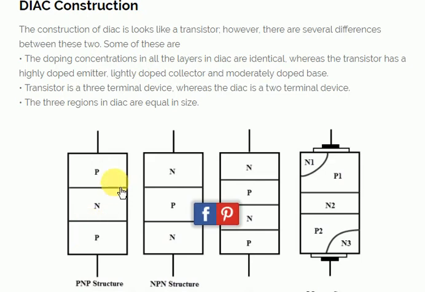If this is a transistor, then the emitter is highly doped, the collector is lightly doped, and the base is moderately doped.